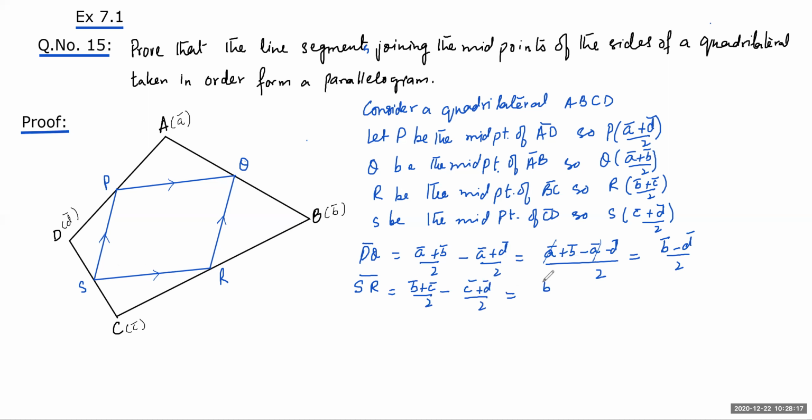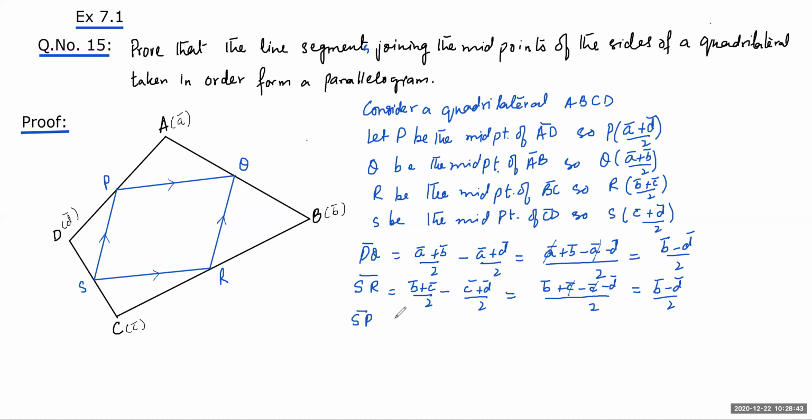So we get b plus c minus c minus d, whole by 2. It becomes c got cancelled and I have b minus d by 2.